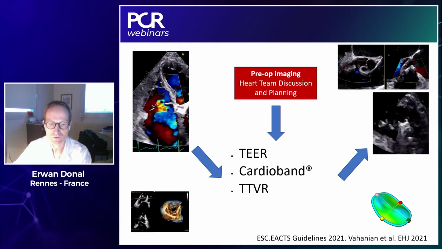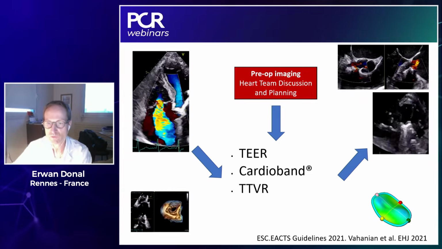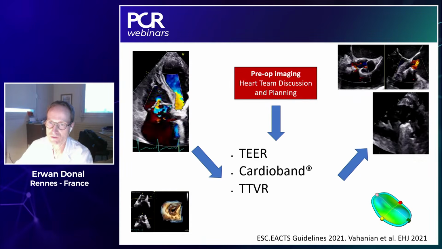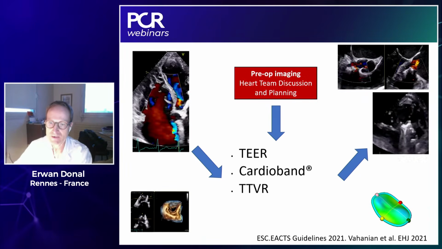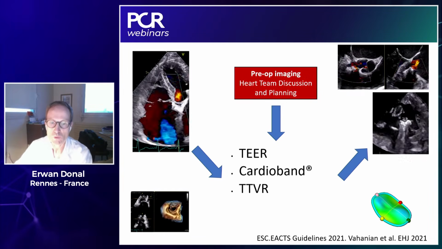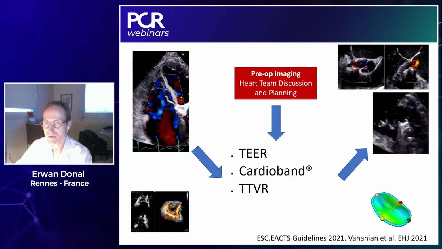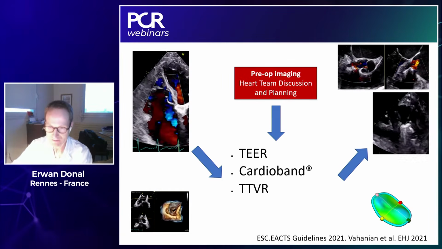And then we have different treatments. We have the clips, we have the Cardioband, and we have prostheses that are now available. And then we will have to use the imaging techniques to see what the pitfalls and the advantages are for each technique.